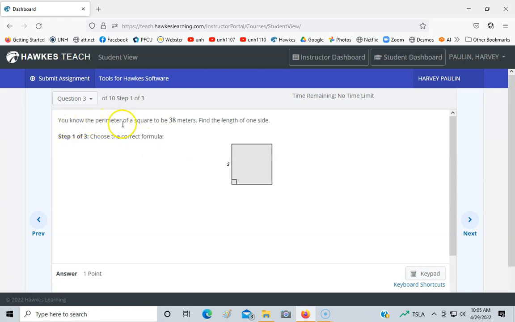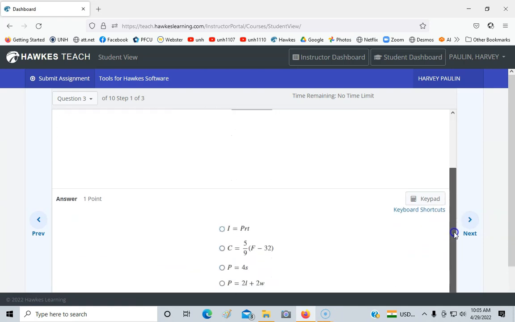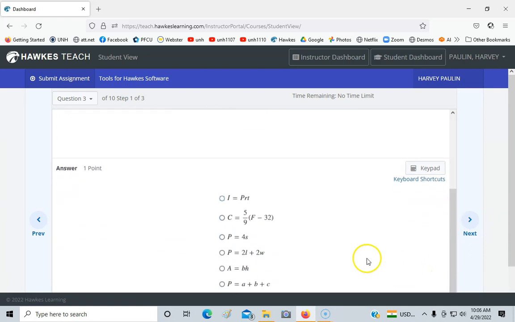Now here, if we know the perimeter of a square is this, find the length of one side. Well, here you're thinking there are 4 sides, they're all equal, so you're going to divide 38 by 4. Now, there doesn't seem to be a place to put the answer in, but if you use the scroll bar to go down, here they're asking you first, this is in 3 steps, what formula would you use for this?